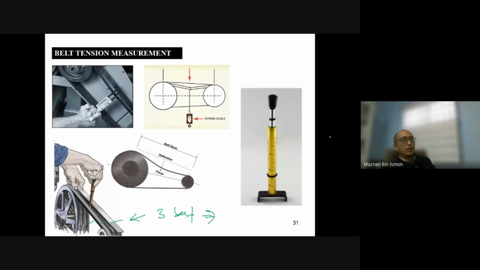So usually we install new belts made by the same company and the same brand. If we mix them together, once you tension, you will find that one belt is tensioned enough, while another one is not tensioned yet, it is loose. So it will reflect in the top performance later, in the power transmitted later.